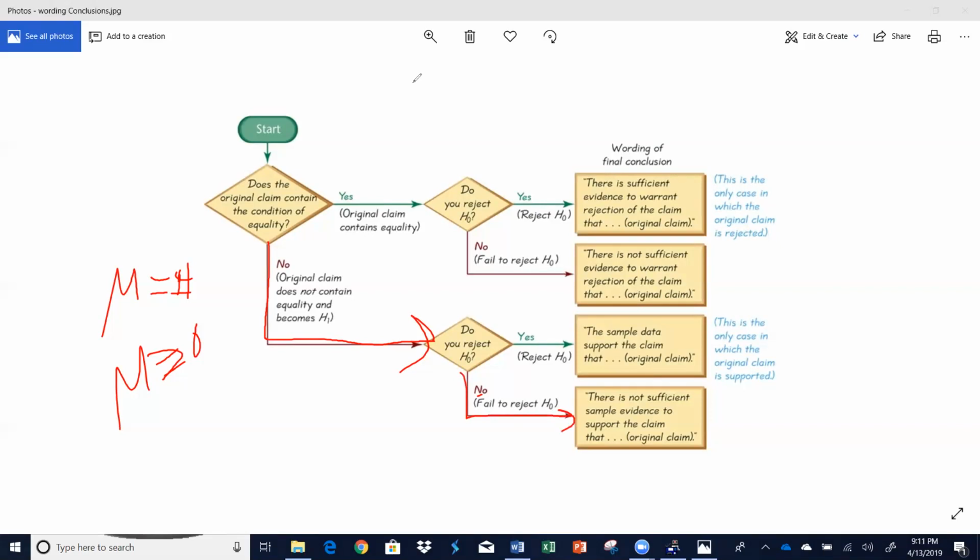There's the final answer. There is not sufficient sample evidence to support the claim that.